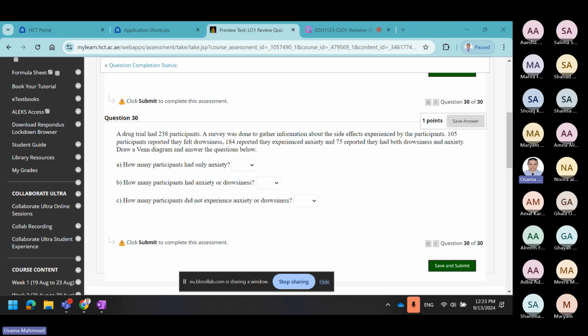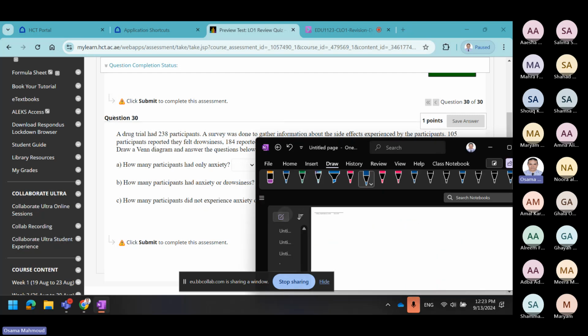Now, what do you need here? You need to graph something, right? You have a drug trial with 238 participants. So in total, you have 238. That's fine.